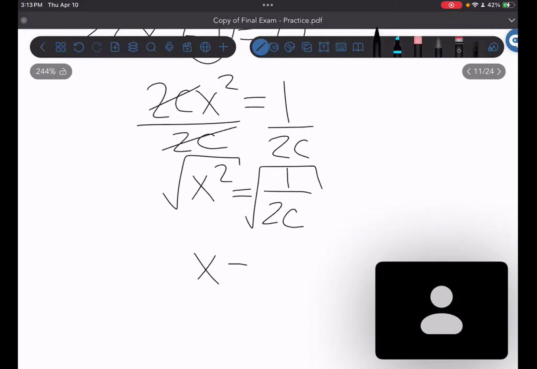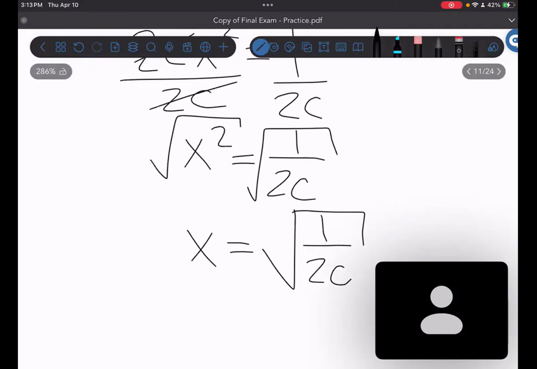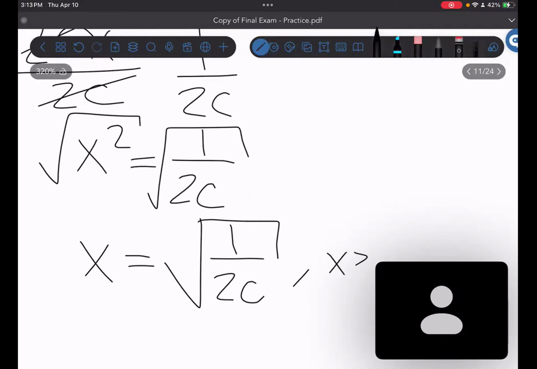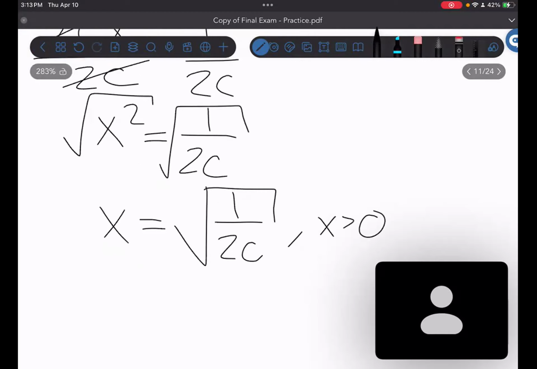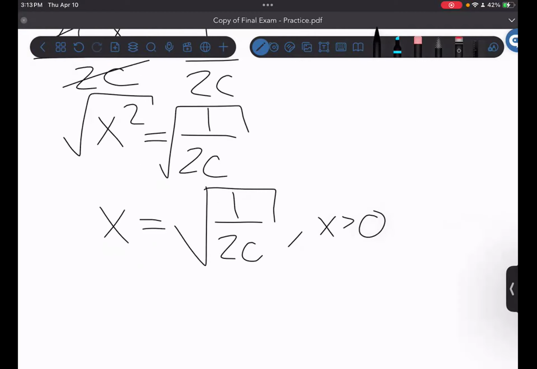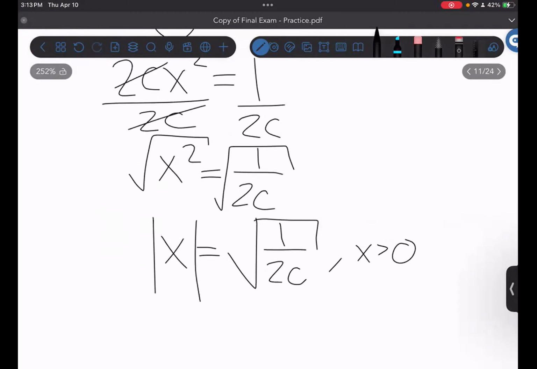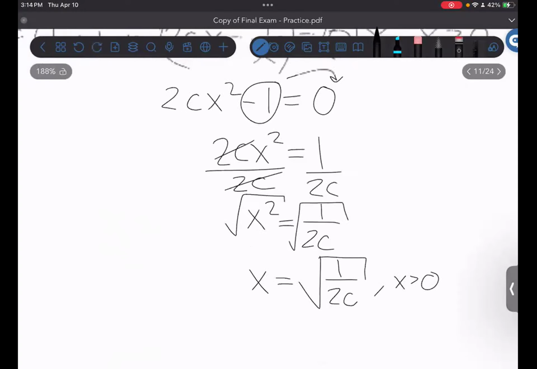And I get that x equals the square root of 1 over 2c. And again, since our x is greater than 0, we don't need to put an absolute value sign, right? Because x is greater than 0. We're good.